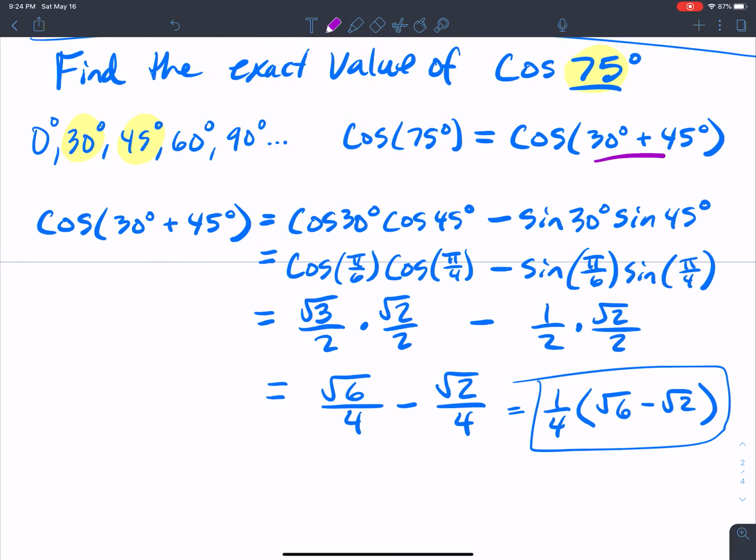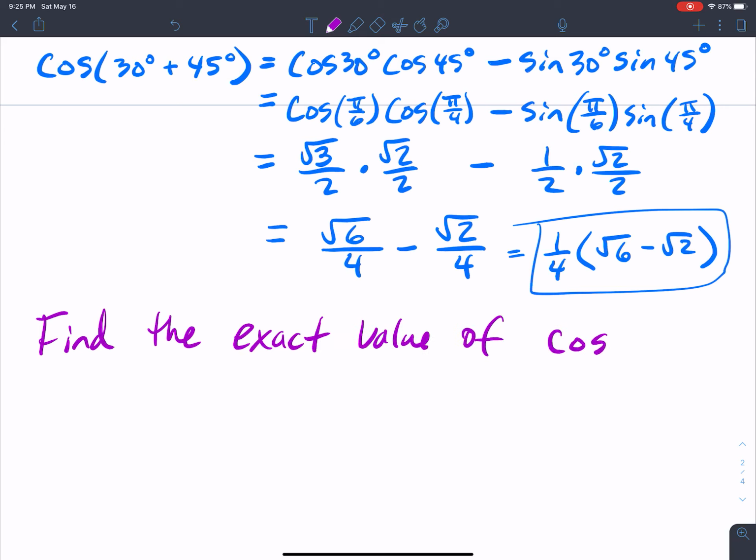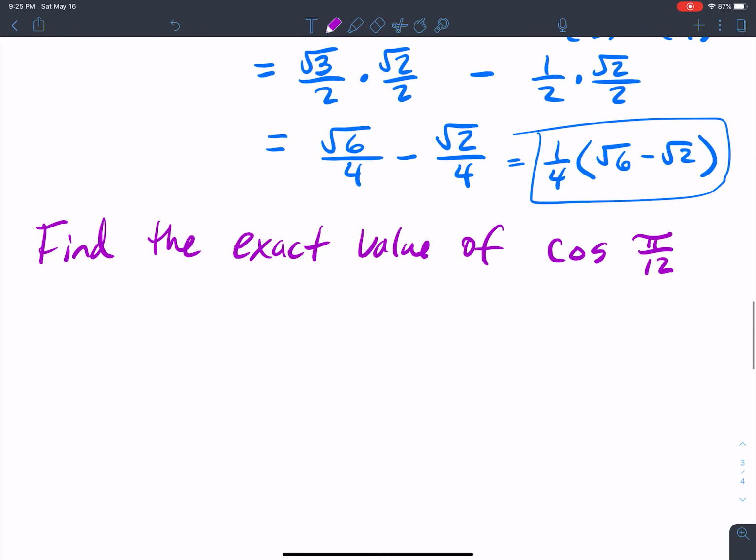So we did a sum here. Let's try a difference one. So find the exact value of cosine of pi over 12. Okay? So pi over 12. All right, so let's think about, what are the ones that we do know?